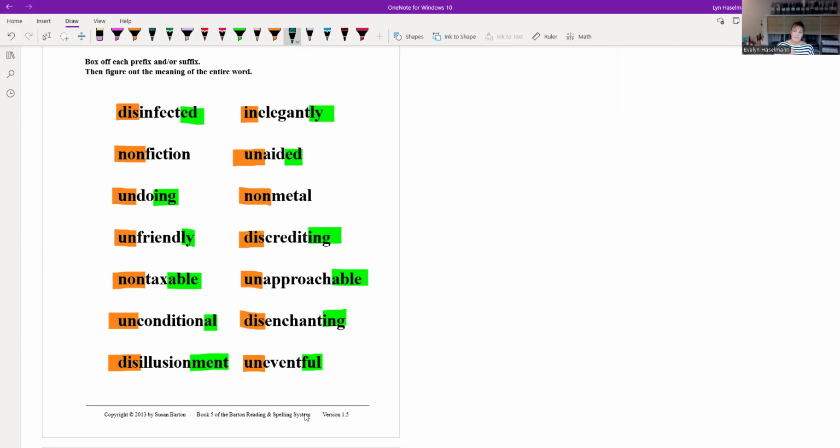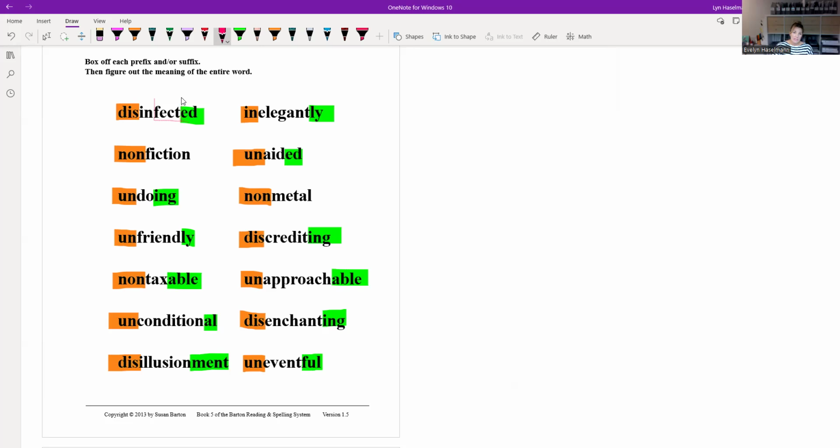So disinfected, I love and hate that we start with that word, because in, we've just taught them as a prefix. But in this situation, we are not going to be diving deeper down and talking about the Latin root of this word, which is fect, actually.